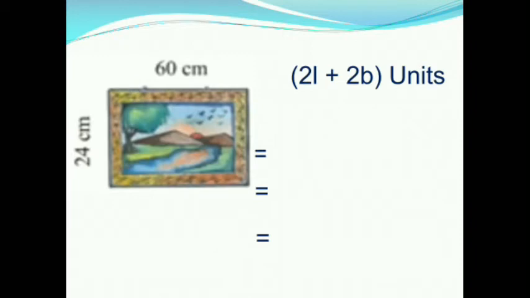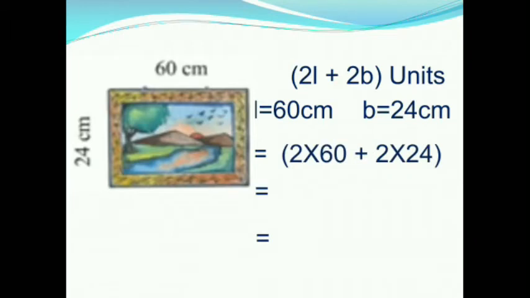What is the length of this picture? Yes, it is 60 centimeter. What is the breadth of this picture? Yes, it is 24 centimeter. Now we should multiply length and breadth by 2 and add it. Now we should solve this.